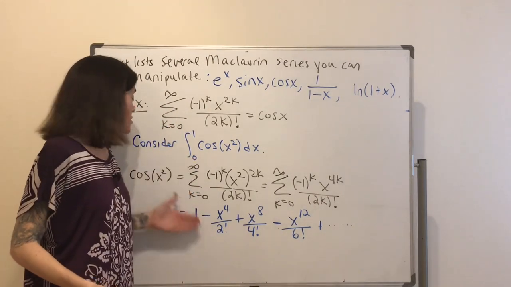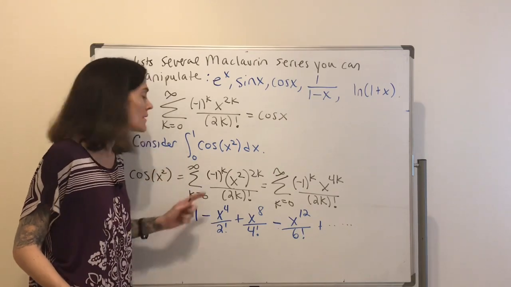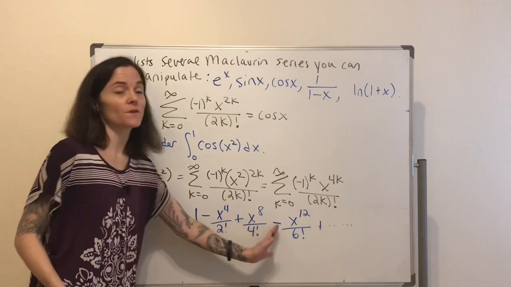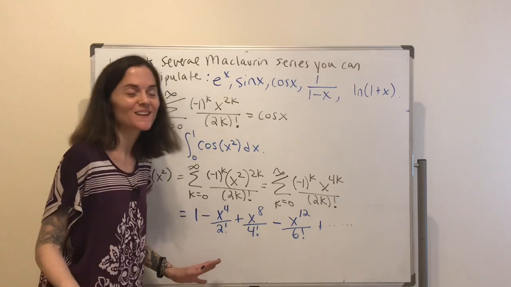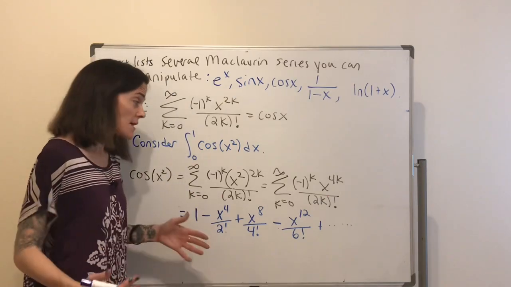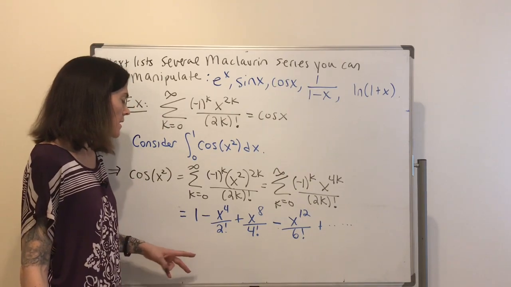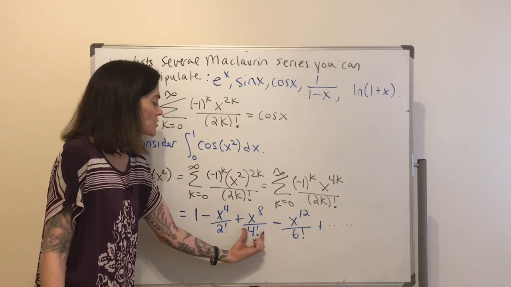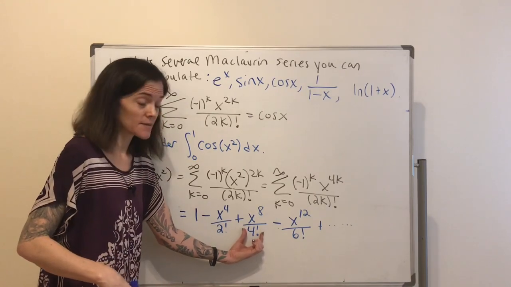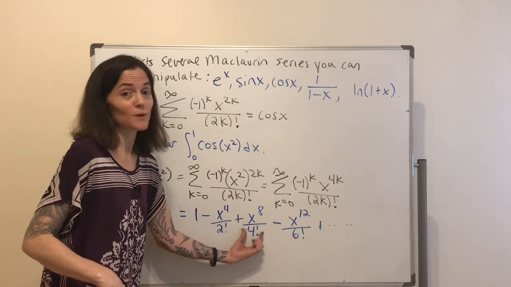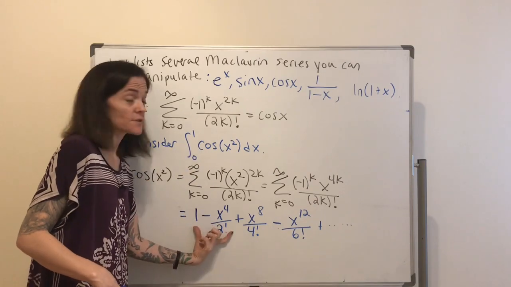Now, if I want to use this to approximate this definite integral, I can just take the first few non-zero terms, which is a Taylor polynomial, or equivalently, a partial sum of this series. Even if I added this term, if I integrate, I get an x to the 9 over 9 times 4 factorial. This is going to be super tiny when I evaluate at 1. So I might just use the first two.